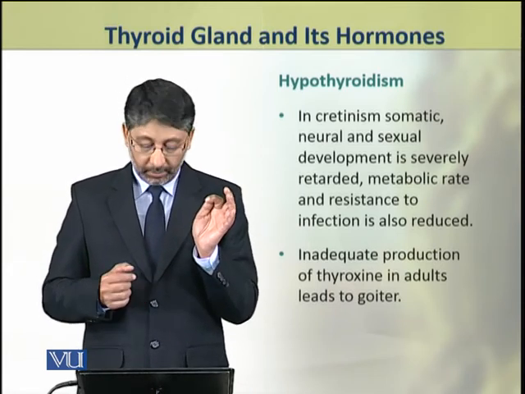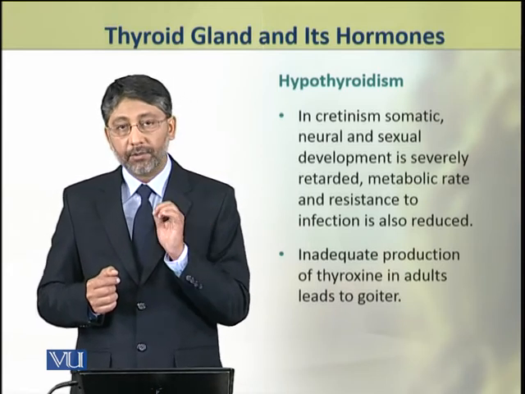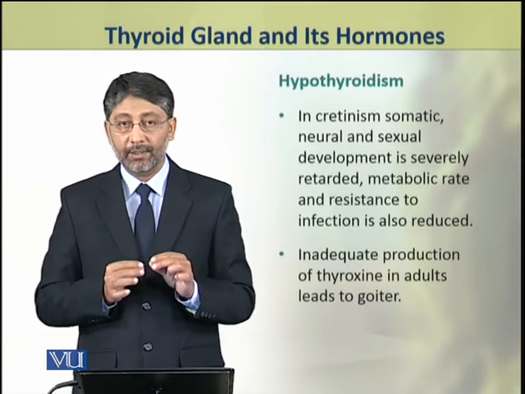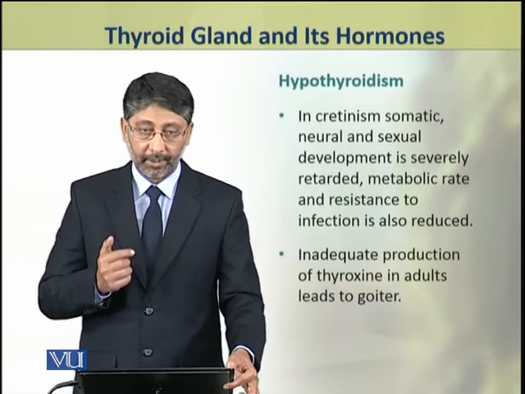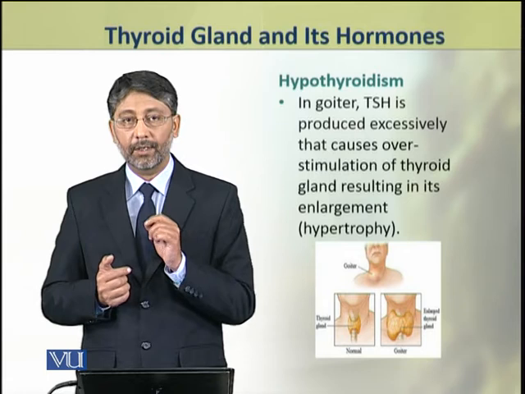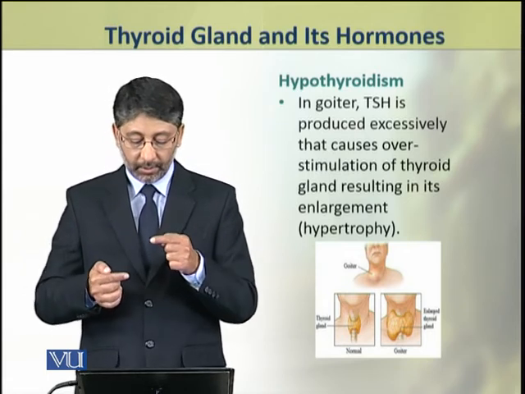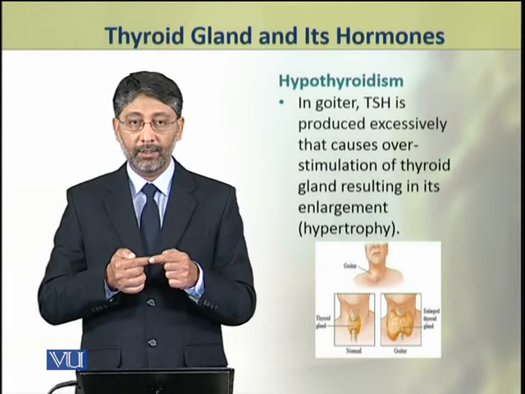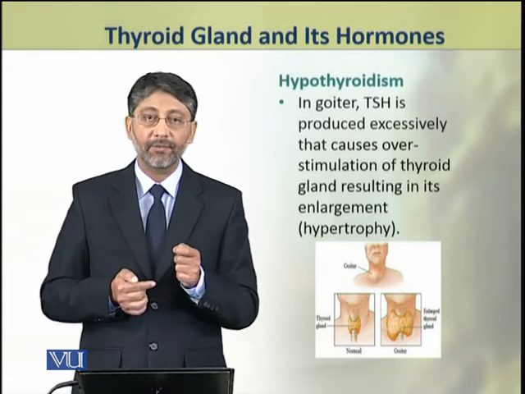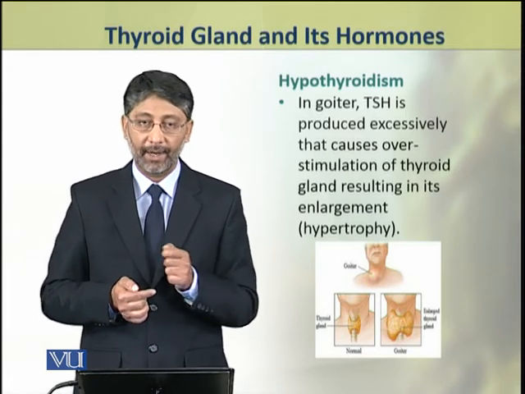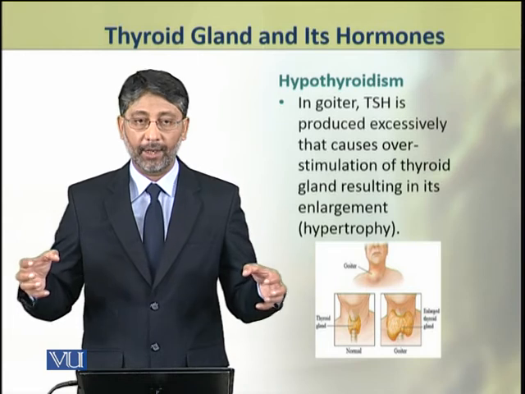The inadequate production of thyroxine in adults leads to goiter. In goiter, TSH from pituitary is produced in high quantity that causes excessive stimulation of thyroid glands which become enlarged.